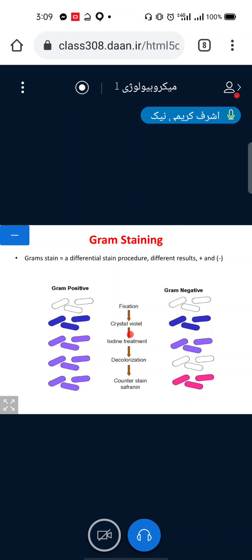After that, you use iodine solution, or Lugol's iodine. Iodine fixes the crystal violet stain on the cell wall. In this stage, both bacteria are blue.